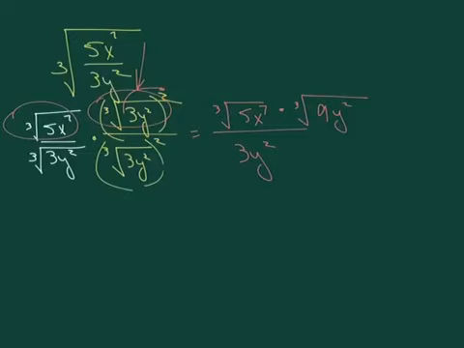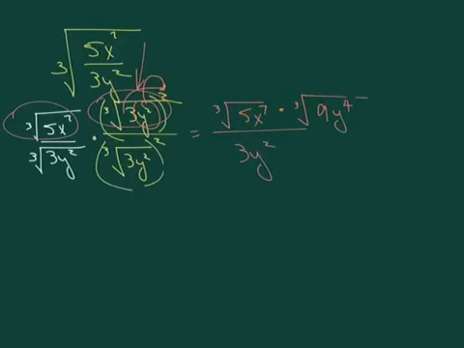Oh, and this y squared here is squared, so this is actually going to be y to the 4th. Do you see how that happened? Let me get my pointer here. This squared, see, we took the 3 and squared it and got 9. Take the y squared and square it and get y to the 4th.